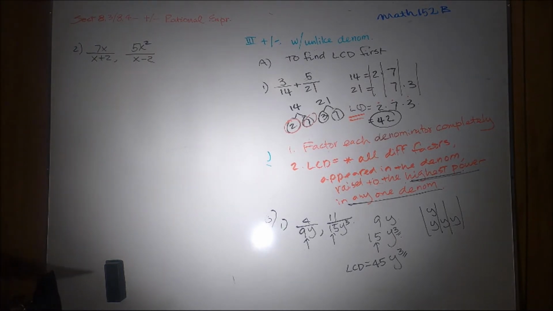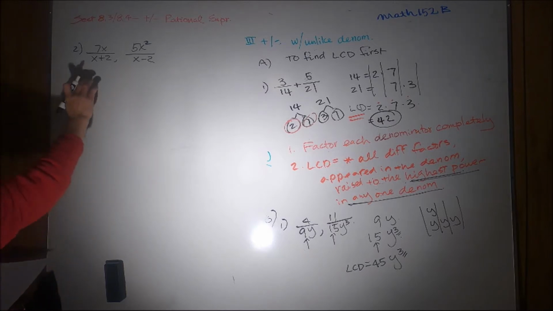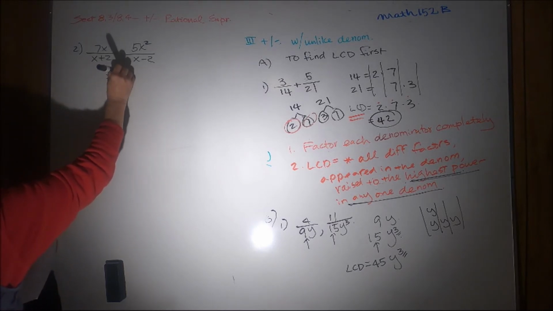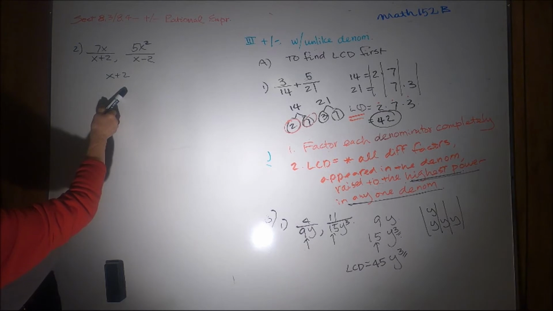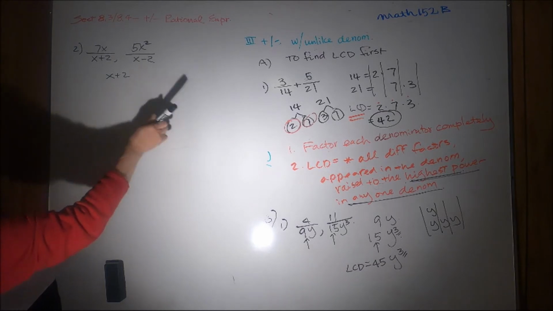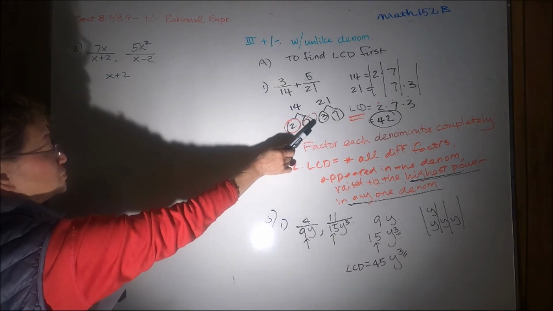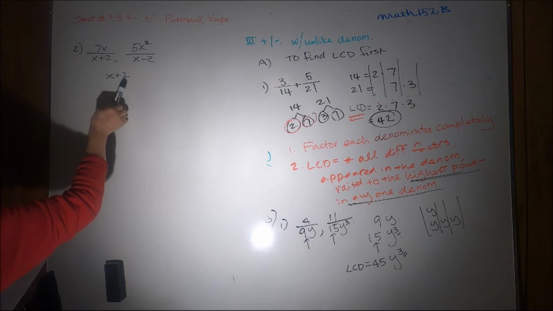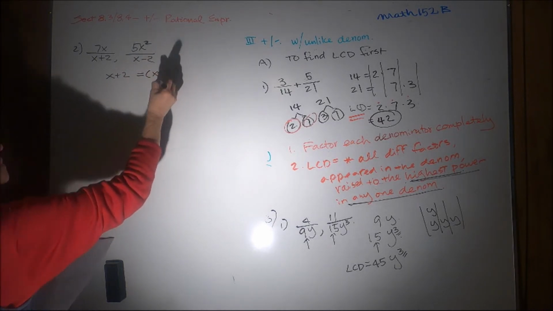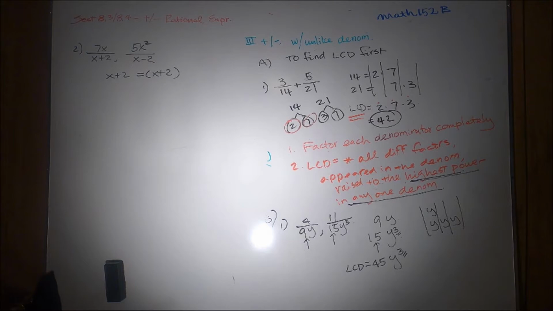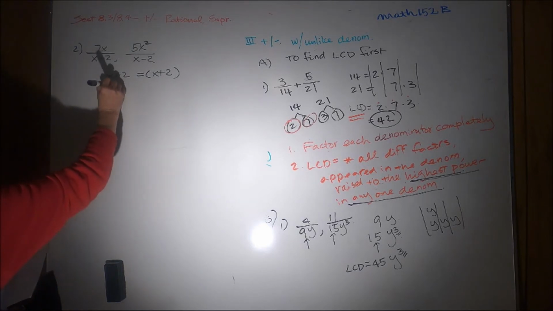What's your LCD? So one of the denominators is this one, x plus 2, right? Is this the simplest form? A prime, just like you break down the numbers to prime. So this is a prime, so you just write x plus 2, right? A binomial. How about x minus 2?